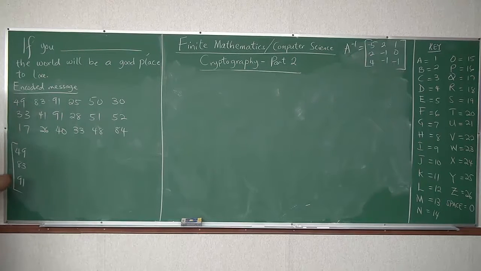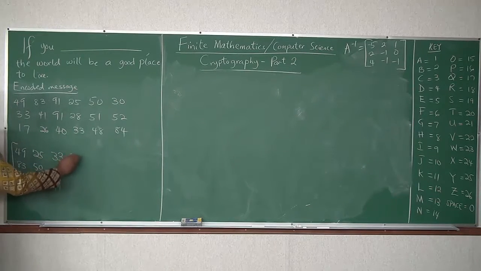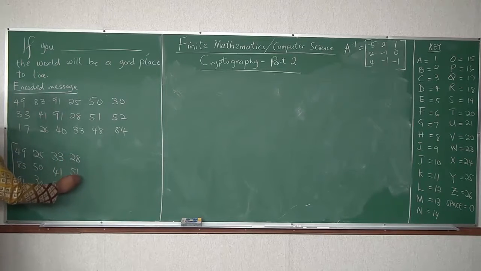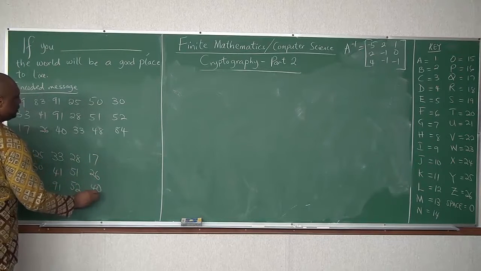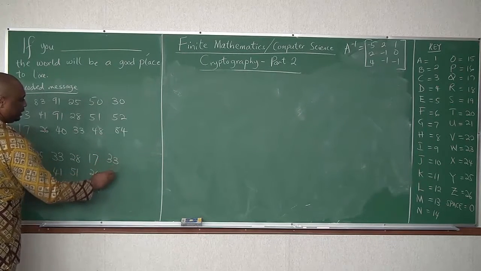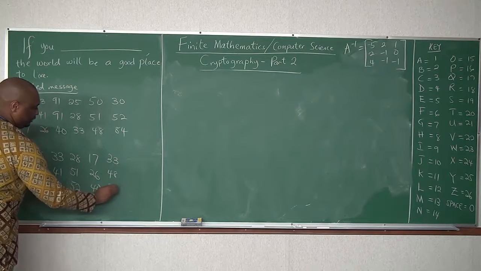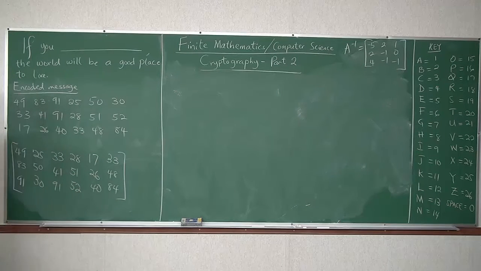That's the way we write it. Then we have 25, 50, 30, 33, 41, 91, 28, 51, 52, 17, 26, 40, 33, 48, 84. Right?